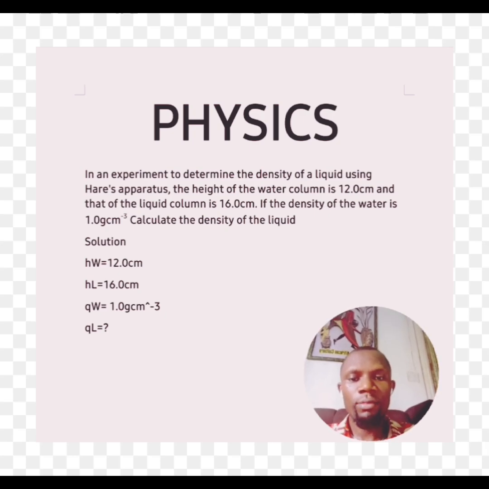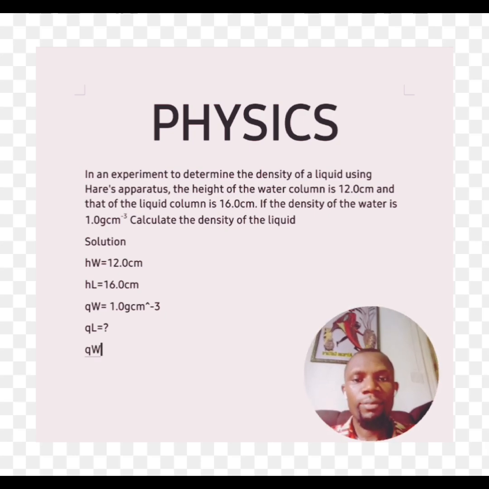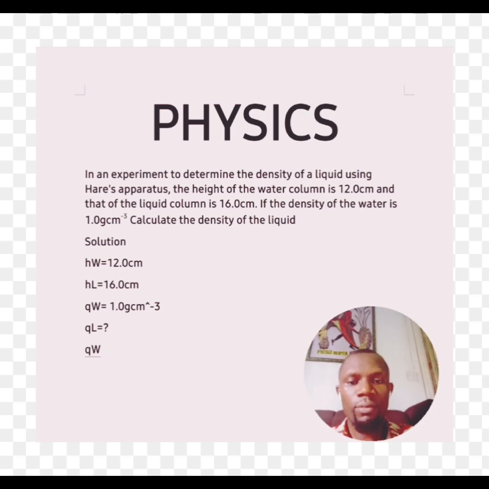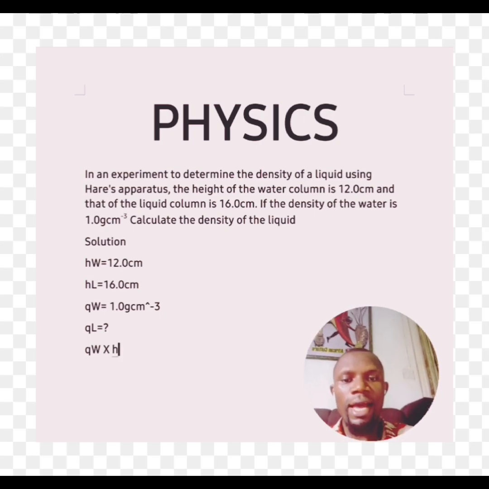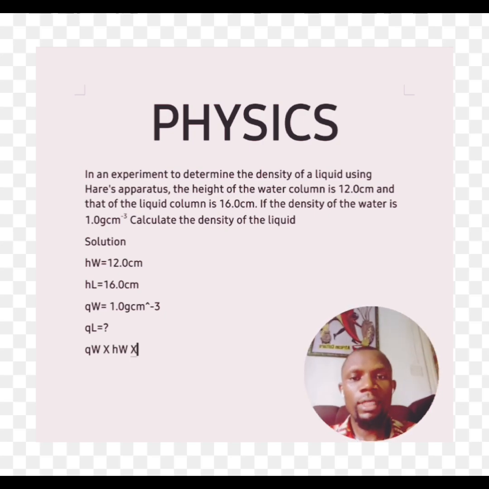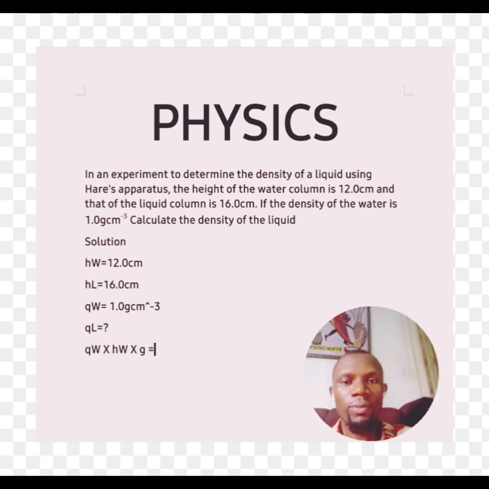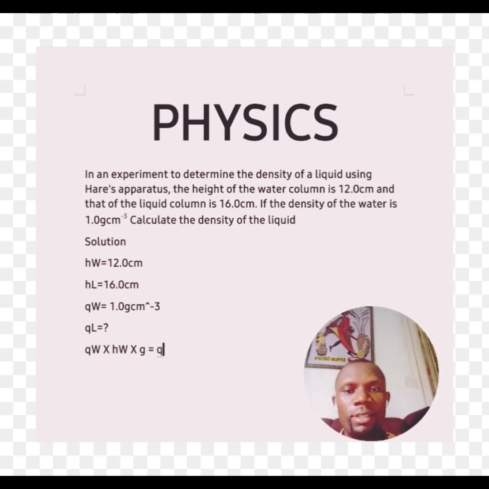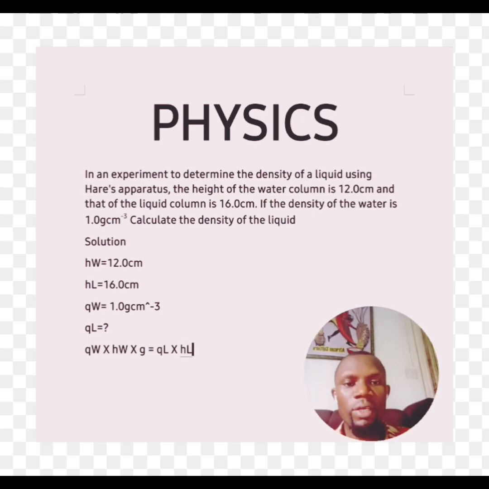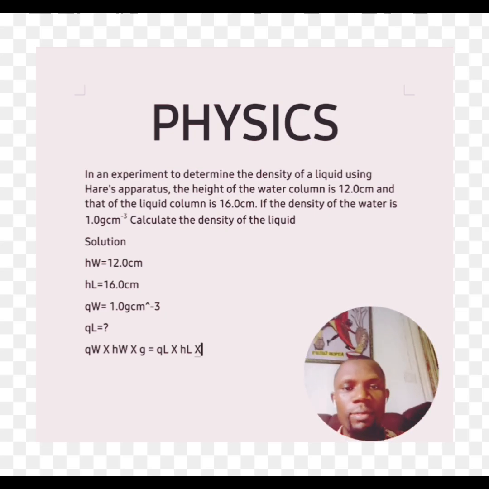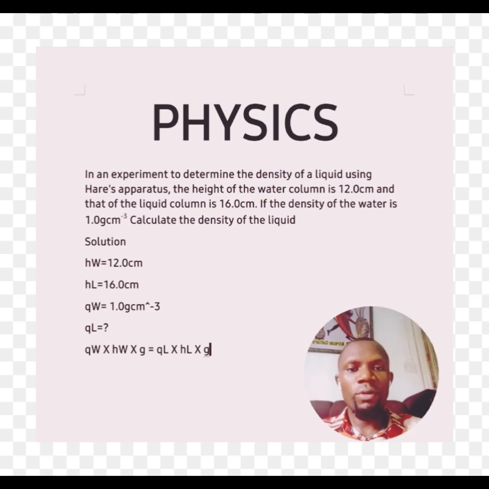So I have my density of water times my height of water times gravity is equals to my density of liquid times height of liquid times my gravity.